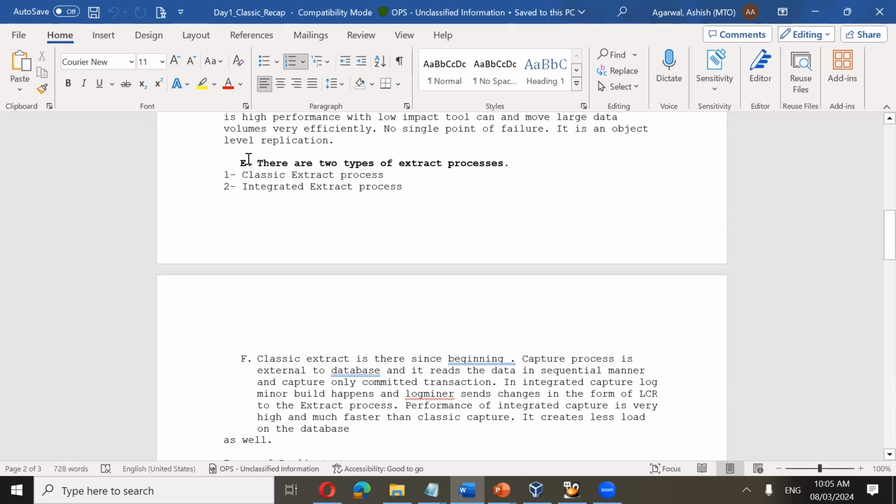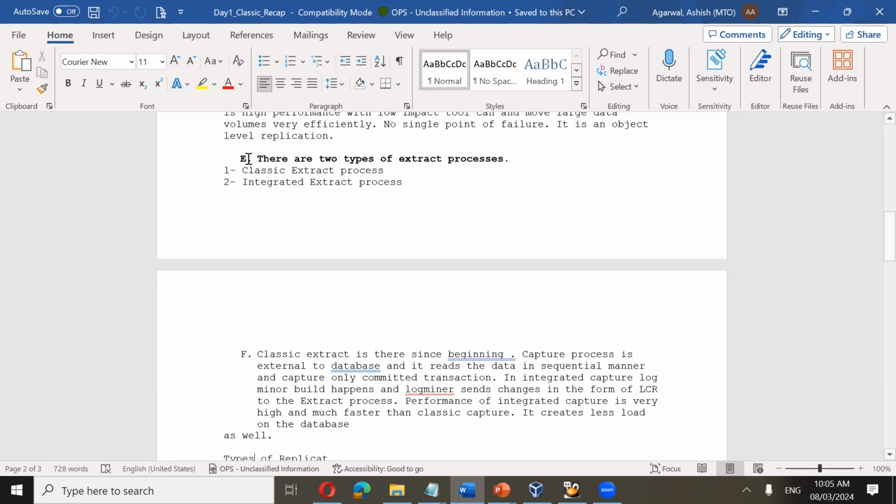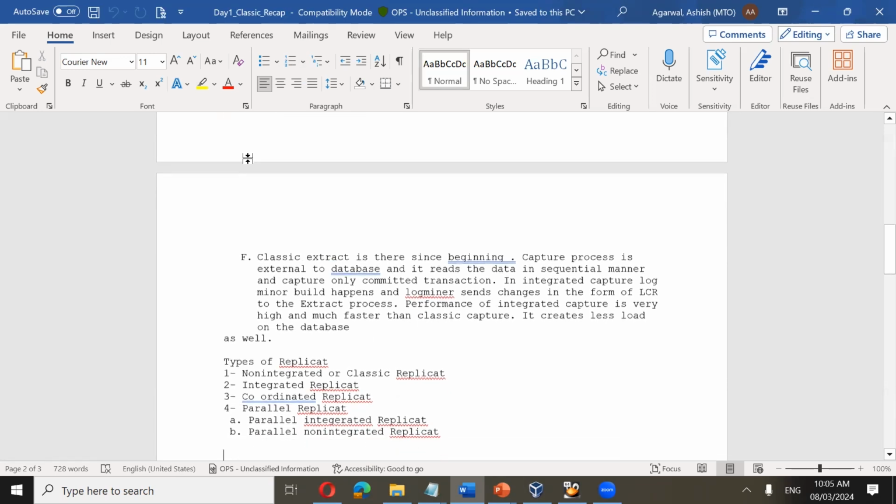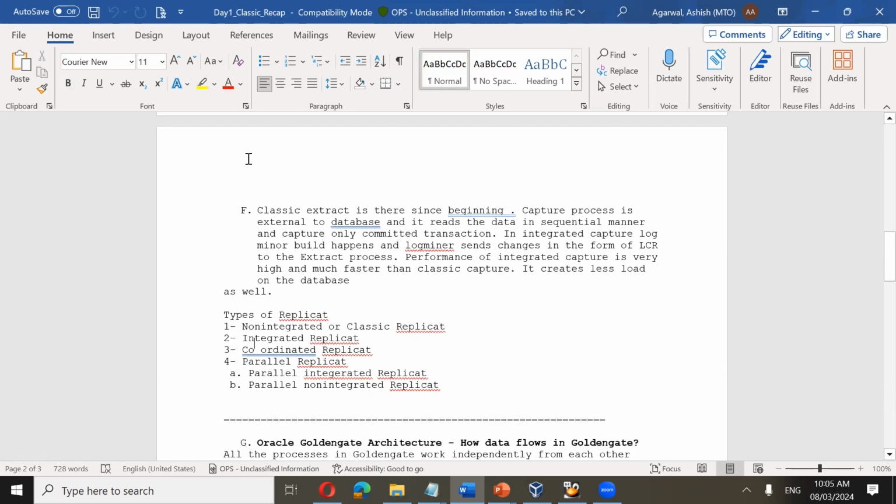Classic is there since the beginning and integrated extract is the latest type of extract which was introduced in Goldengate version 11.2.0.4. And these are the different types of replicats: non-integrated or classic, integrated replicat, coordinated replicat, parallel integrated replicat, and parallel non-integrated replicat.